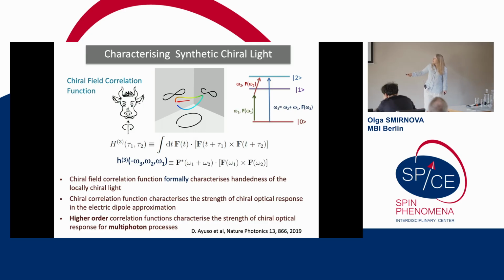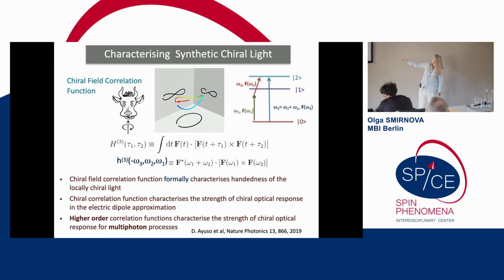So in terms of response of the matter, this correlation function corresponds to the strength of the coupling of this light to matter, and the strength of coupling is defined through these nonlinear processes. So it's a second order nonlinearity that is involved here, and you see there is interference between a 2-photon process and 1-photon process, and they end up in the same state, and that is why this frequency is the sum of these 2.